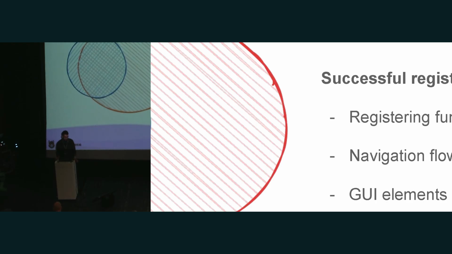We verify this registering functionality. We verify navigation flow. We verify GUI element responsiveness. What we do not verify is the layout of the application. How does it really look? So if the elements are positioned correctly, if they have proper size, if they are rendered as expected.